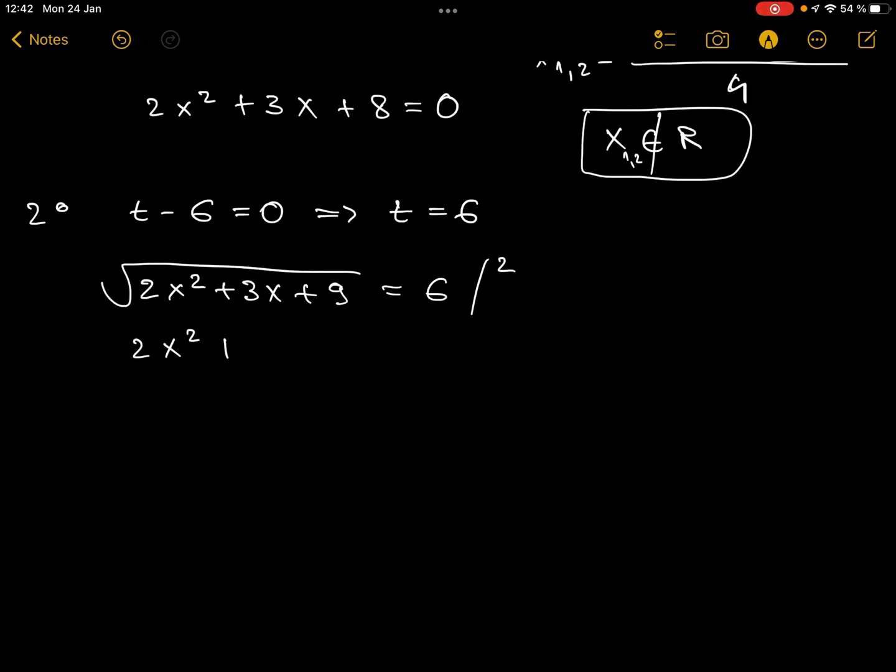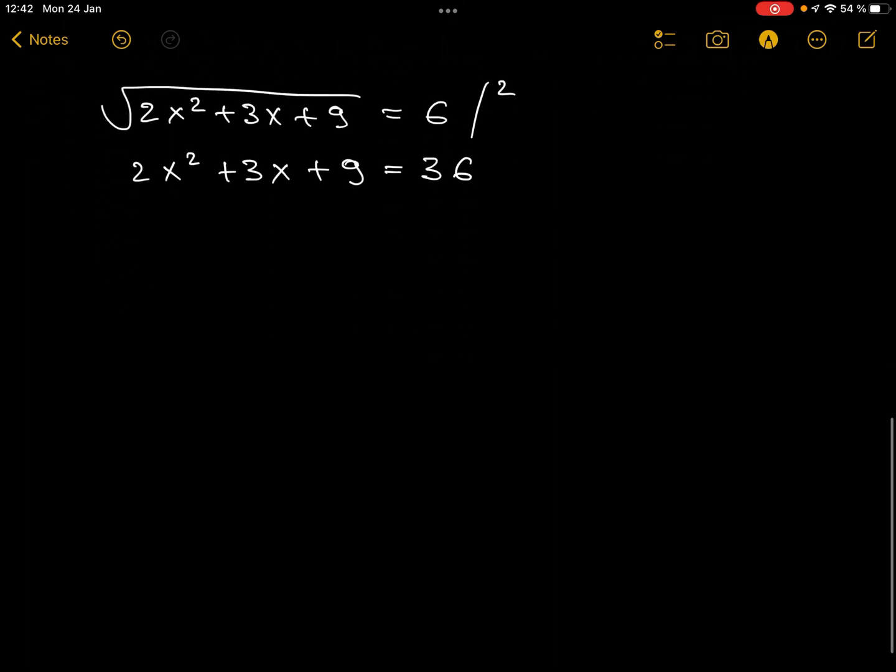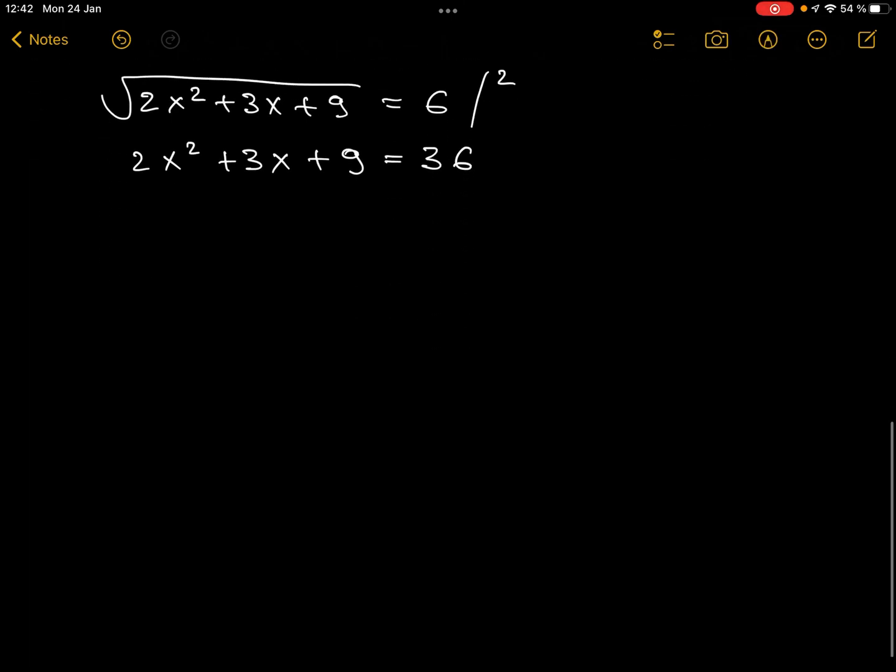So 2x squared plus 3x plus 9 is equal to 36. So 2x squared plus 3x plus 9 minus 36, which is just negative 27, is equal to 0.